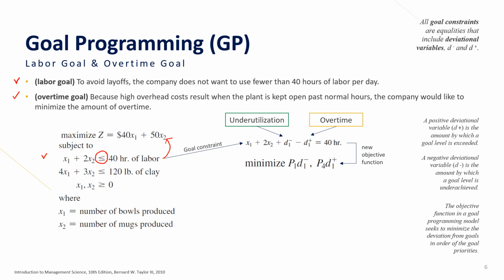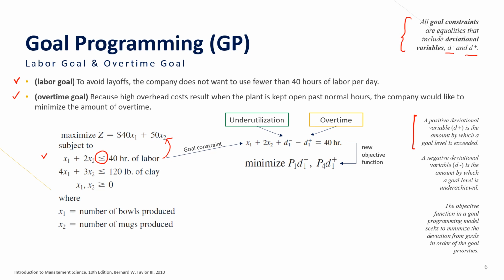Goal constraints are equalities that include what we call deviational variables, represented here with d minus and d plus. D plus is a positive deviational variable which represents the amount by which a goal level is exceeded.